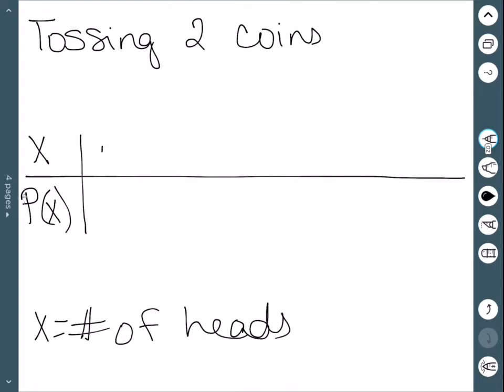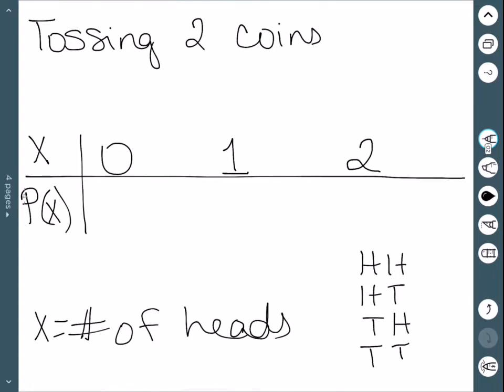We could flip 0 or 1 or 2 heads. We do need to think about the probability, and if we think about the different outcomes that could occur by flipping two coins, we can see that there are 4 options. To flip 0, there is 1 out of 4. Ways to flip 1 head would be 2 out of 4, and then 2 heads is just 1 out of 4.